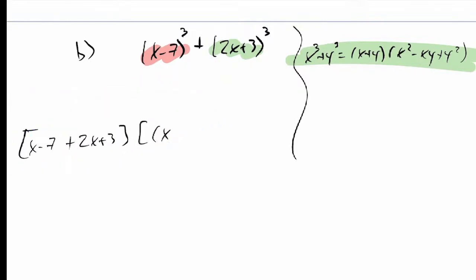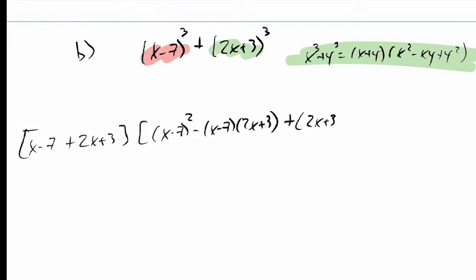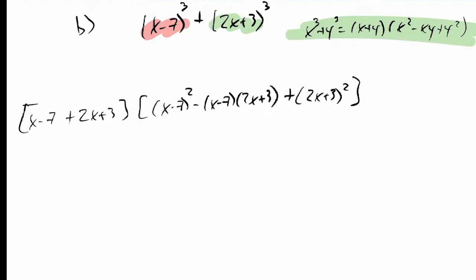So this is my x, this is my y: that's your x value squared, minus the product of your x and your y, and then plus your y value squared. So that's the initial breakdown. This will end up being 3x minus 4. And for this one, we'll just have to expand it all out here.